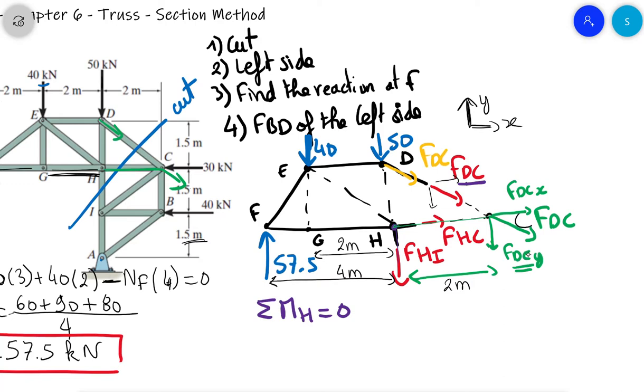So we will use the vertical component of FDC times the horizontal distance of 2 meters, or we use the force on X. I split it on X and Y, and this one on Y is going through the point H, so we need to use the force on X times this distance, and this distance is 1.5.